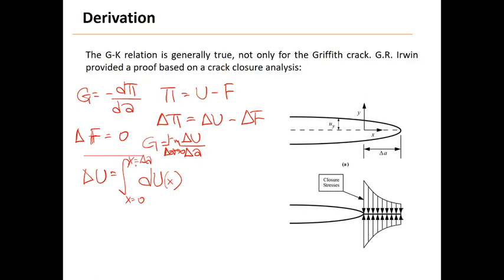Now what we need to do is to write the U. So how does the strain energy vary as a function of x? The strain energy density varies as a function of x because the stress field and the displacement are varying with coordinate x. So I'm going to write this down.